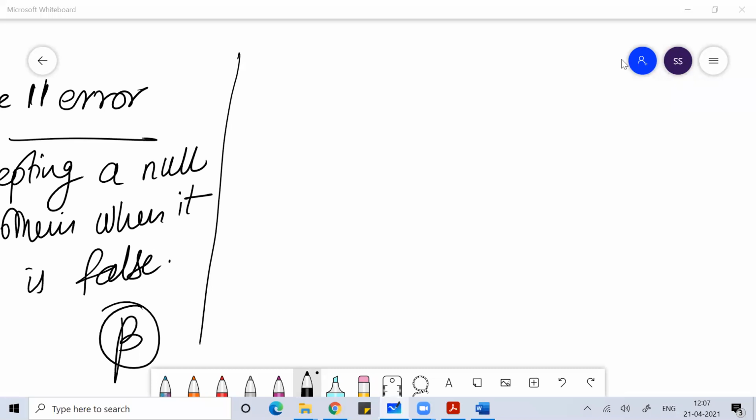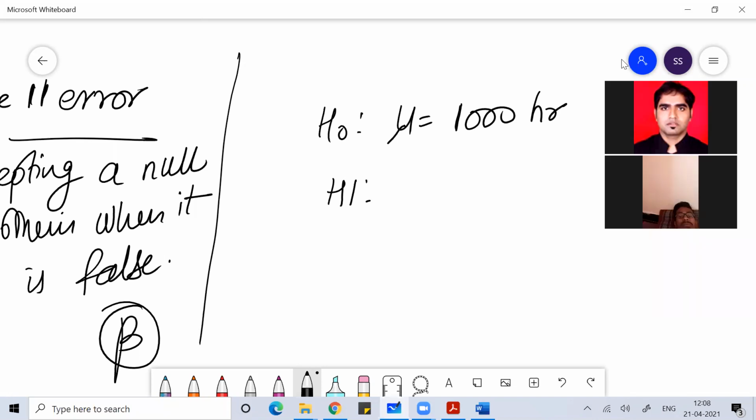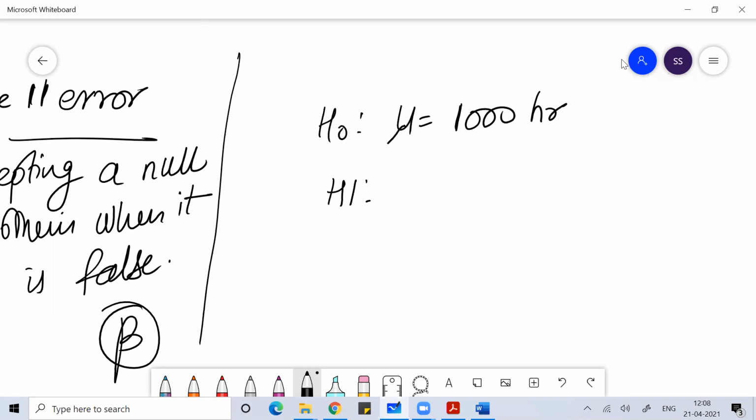One tail test, you can understand in that bulb example that I've given. Maybe the company is saying that the average life of the bulb is 1,000 hours. Suppose I am a customer, when I go to buy the bulb, I don't want the bulb life to be less than 1,000 hours.